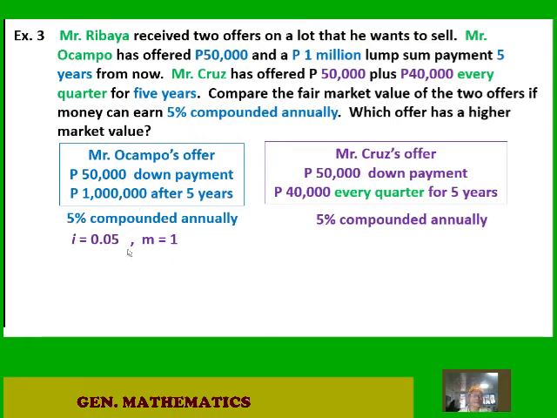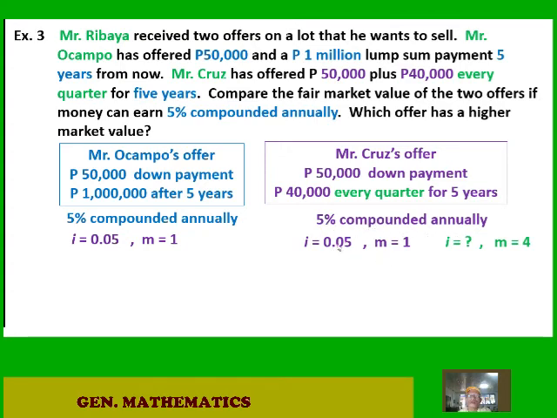I is 0.05, M is 1. And for Mr. Cross, take note that he pays 40,000 pesos every quarter, and the compounding period is 5% annually.